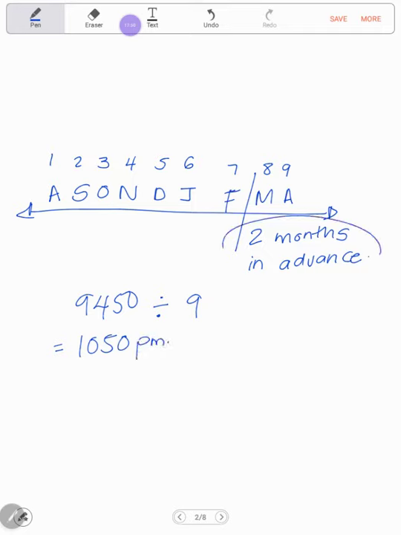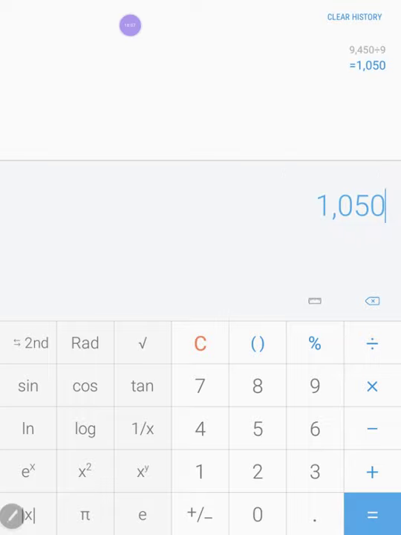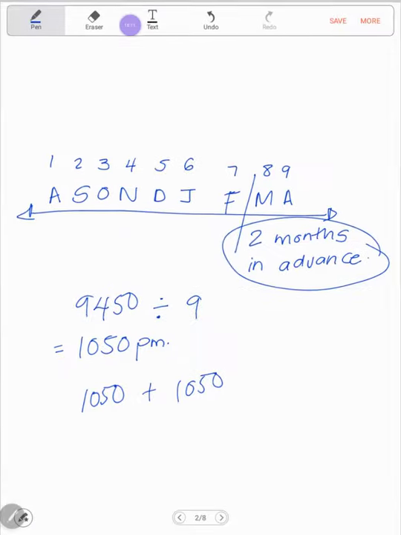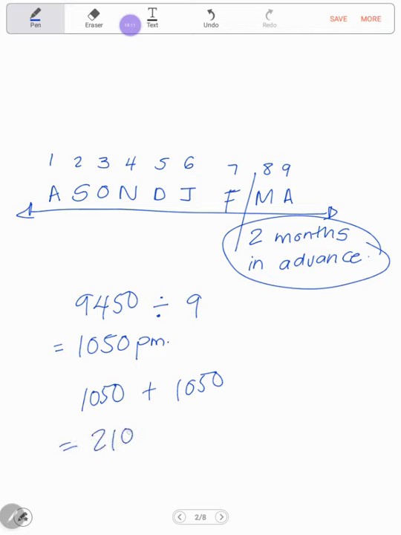How many months have been received in advance? 2. So we're going to take 1,050 for 1 month plus another month, which gives us rent that has been received, which is 2,100 Rand, income received in advance. Does it fall in my financial year?